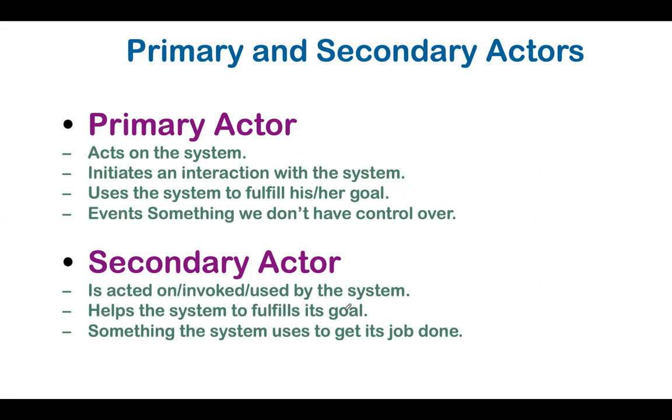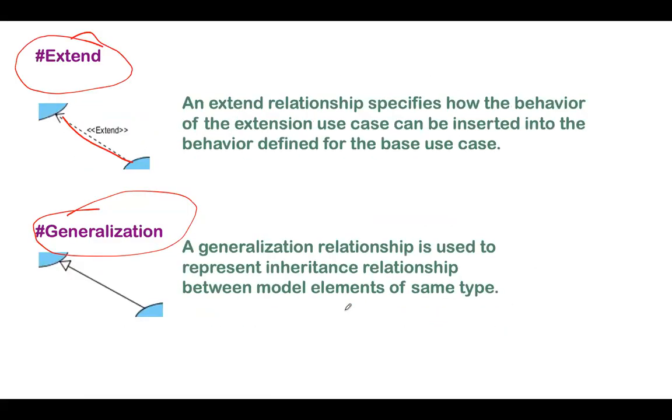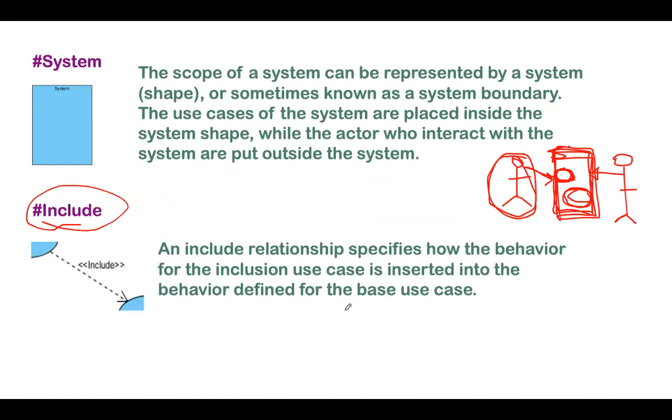Now, like I said, listen carefully. When I talk about primary actors, like I've already told you, actors are external objects. That is why they are always placed outside the system.